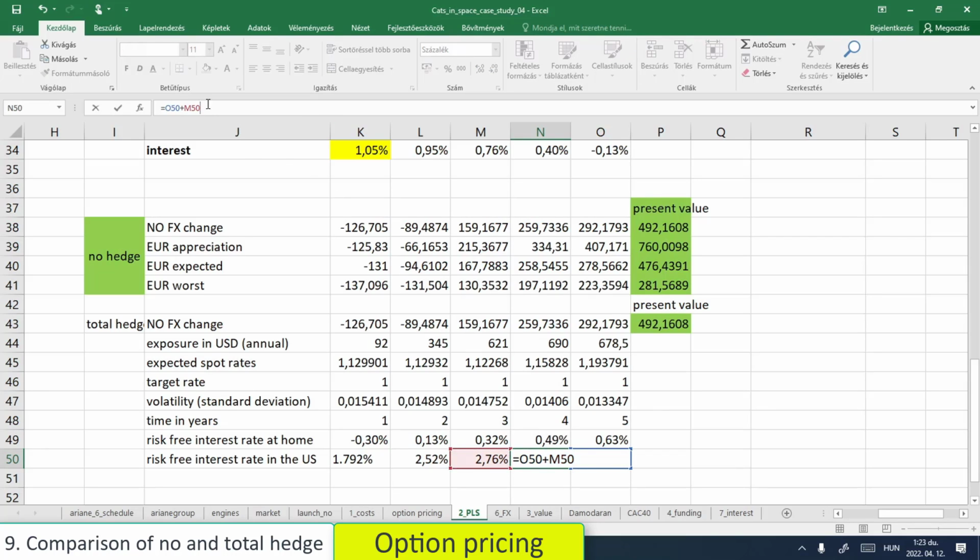Let's use a sophisticated formula to find this one.